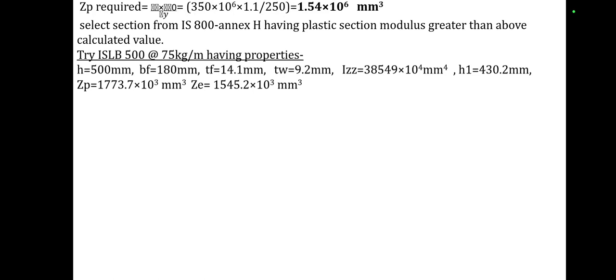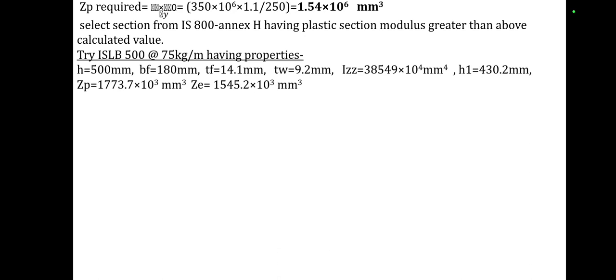That too, all the sections are selected from annexure H of IS 800 2007. So we will be trying ISLB, that is Indian Standard light beam section of 500 mm depth, about 75 kg per meter.